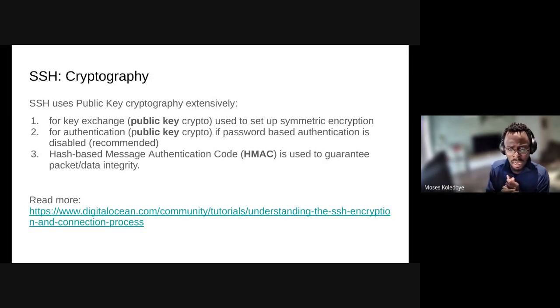So if we have Bob and Alice, which is the usual example that you have, Bob has a key pair, a public key and a private key. Alice has a public key and a private key as well. Now, Bob and Alice are trying to communicate. What basically happens is Bob gives Alice his own public key, and Alice gives Bob her public key.